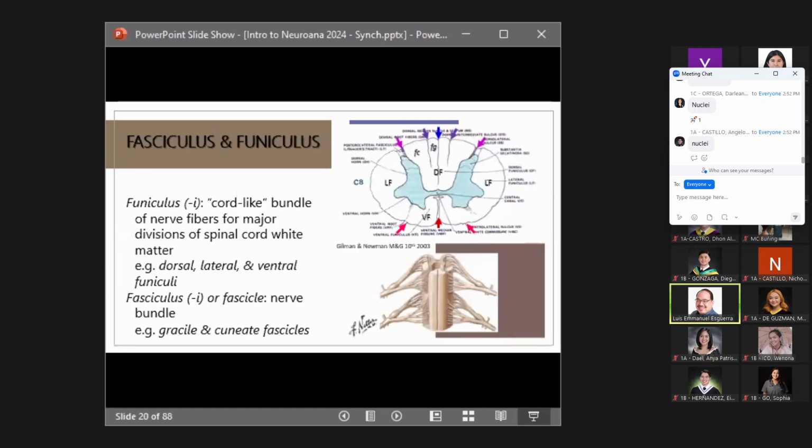So you see them as a column going up or down along the course of the spinal cord. They appear like cables or columns along the spinal cord. That's where you can appreciate the funiculi and the fasciculi as they go up or down along the spinal cord.